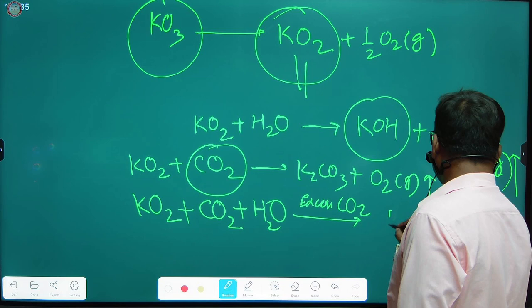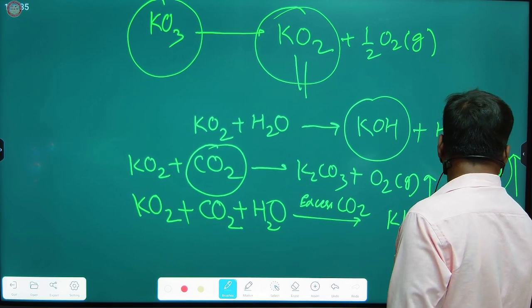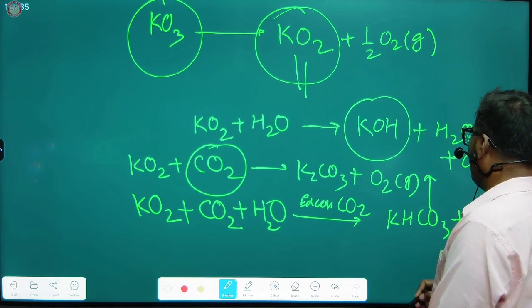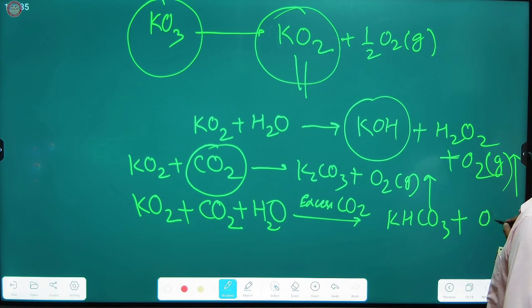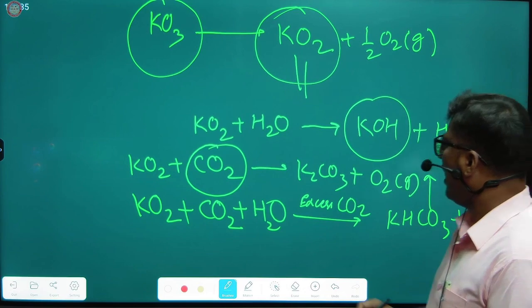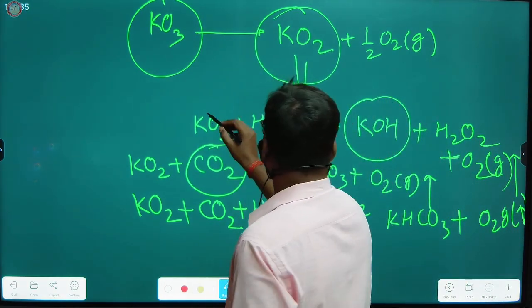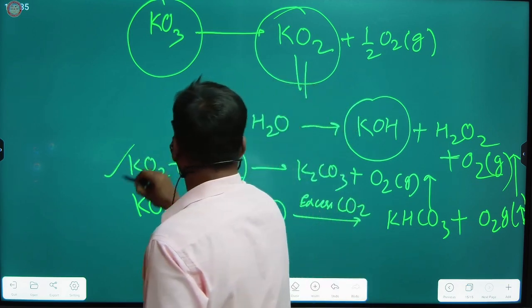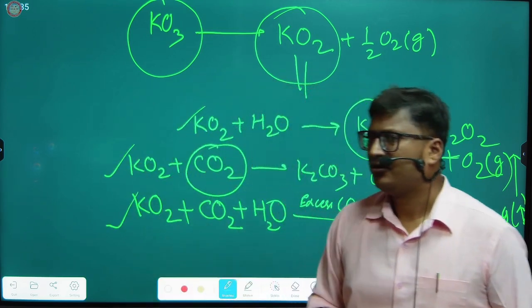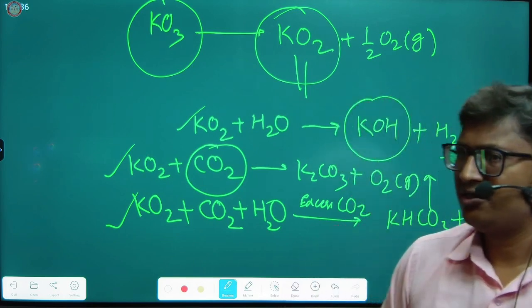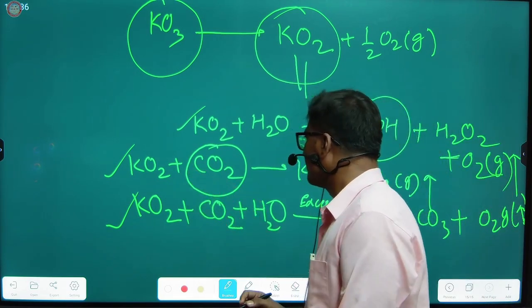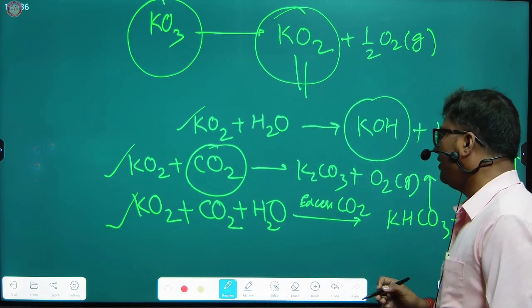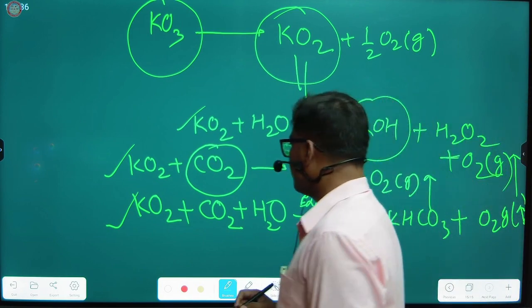Then it forms potassium bicarbonate and again it releases oxygen gas. So all these reactions are very important reactions because these superoxides are actually used in breathing apparatus, right?